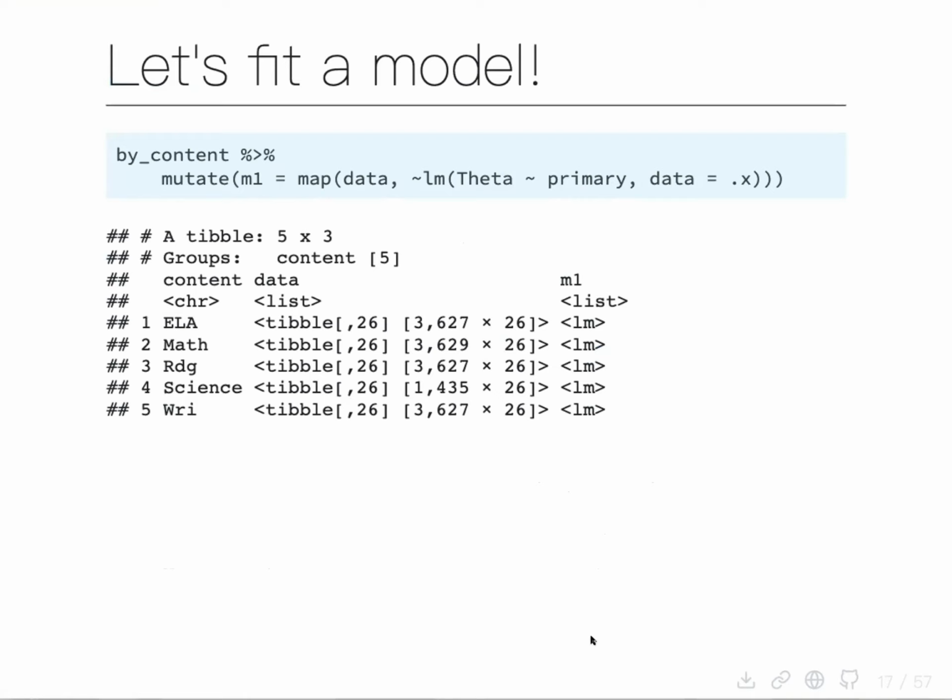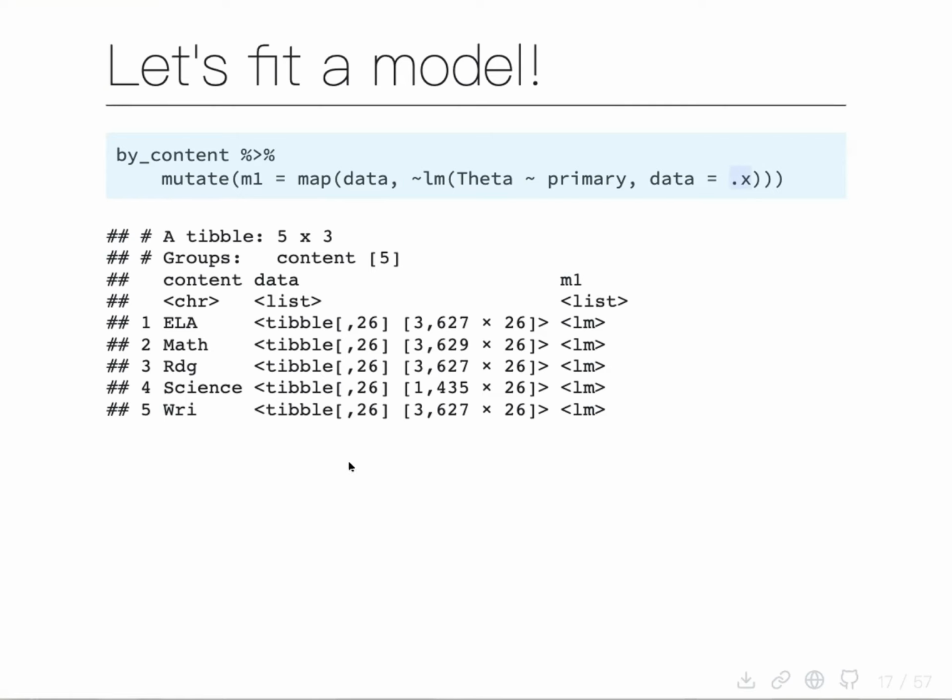Okay, so let's go ahead and do this. What we're doing, as you're doing it, I can kind of talk through it, right? I'm creating a new column in my data set called M1 for model 1. For that column, I'm going to loop through data, the data list column, and I'm going to apply this lm function, where I'm going to use data equals .x to fill in each data frame.